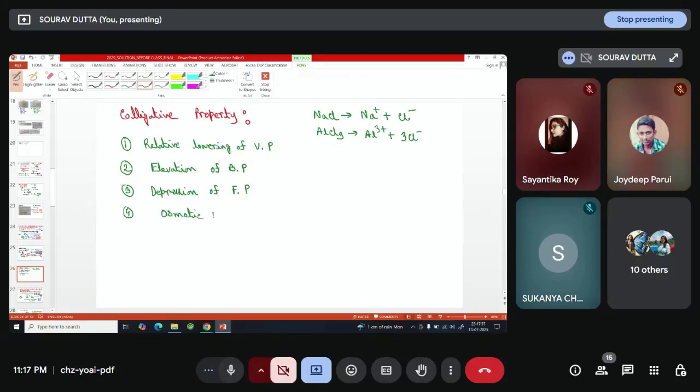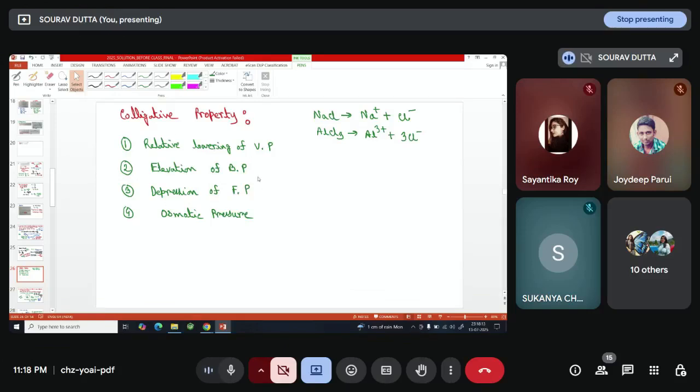All are qualitative properties and depend on the number of solute molecules present in your medium, not the nature of the solute molecules. So the first one we have already studied, relative lowering of vapor pressure.